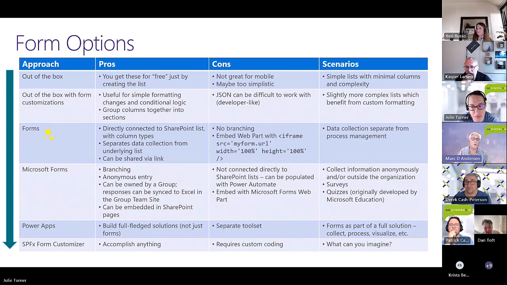Okay, so that's forms on Microsoft Lists. Or Microsoft List Forms, which is not to be confused with the Microsoft List Forms in rows 1 and 2. The next thing is Microsoft Forms. Microsoft Forms were actually developed by Microsoft Education for use in an education context, so quizzes and surveys and things like that.